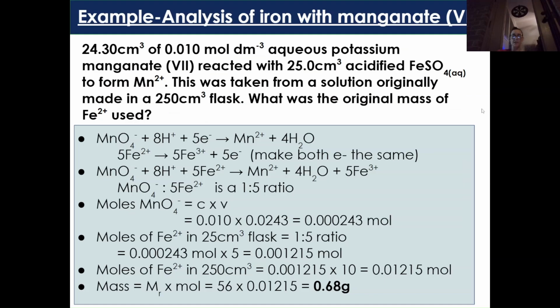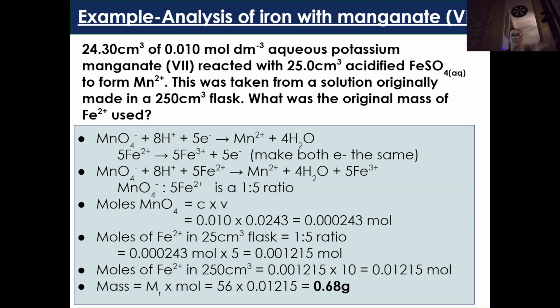So a really typical example, like I said, is reacting iron with potassium permanganate. Sometimes it's called manganate 7, because in potassium permanganate, the manganese has an oxidation state of +7. So an example is if you have 24.30 cubic centimeters of 0.010 molar potassium permanganate in the burette because you know the concentration of it, and you're reacting it with an acidified iron sulfate solution to form manganese 2 plus.